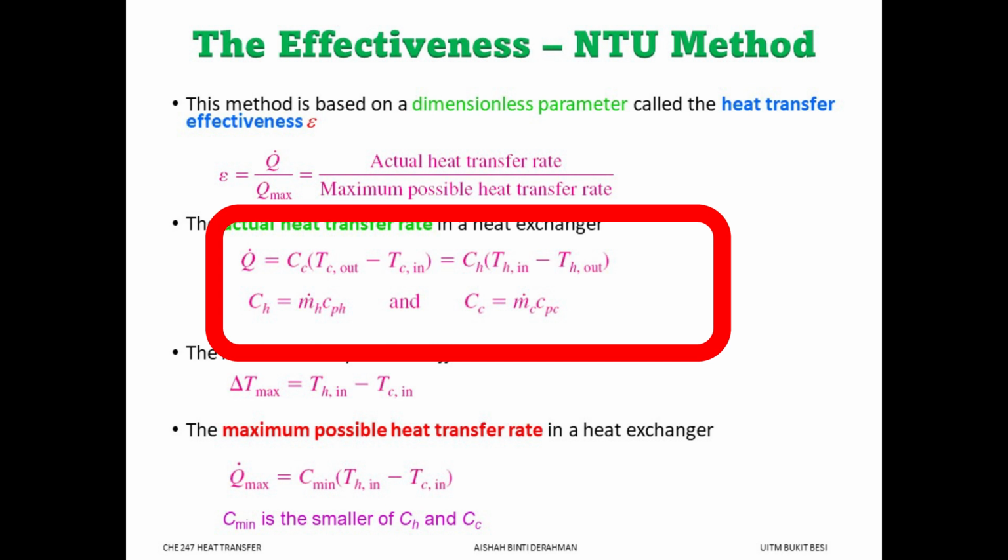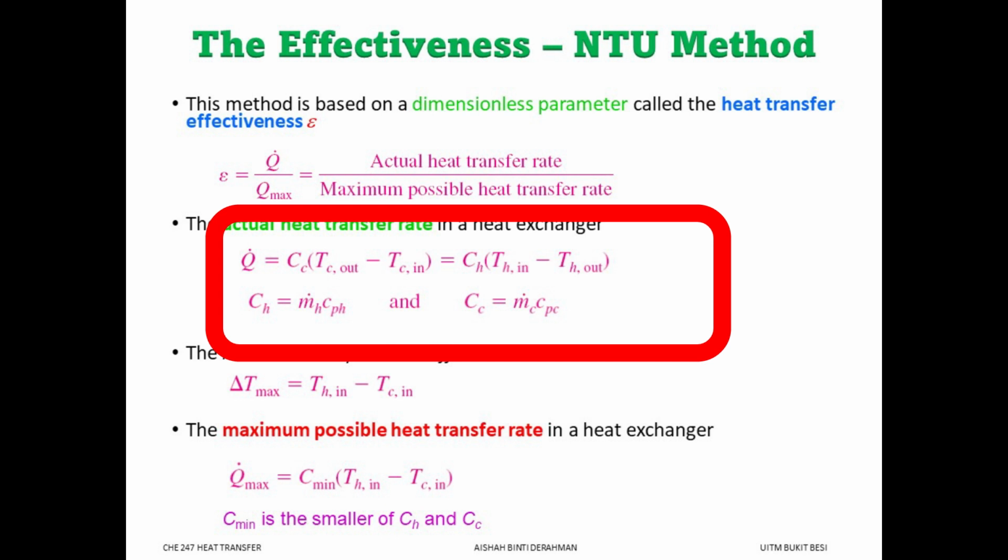On the other hand, for the hot fluid, heat transfer is equal to mass flow rate of the hot fluid times the specific heat capacity times temperature hot in minus temperature hot out.